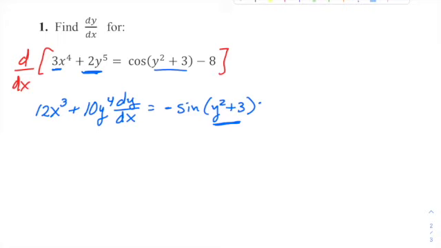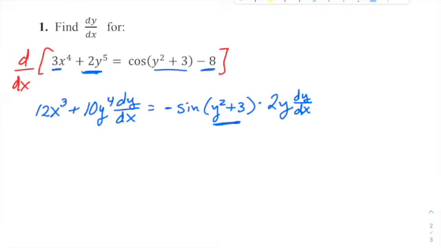The derivative of y squared plus 3 is 2y, and right there I just took the derivative of a y expression, so I need to do dy dx. That's the derivative of y squared, 2y dy dx. And the plus 3, of course, drops out because that's a constant. And then moving along, the derivative of negative 8, that's a constant, so that's 0.